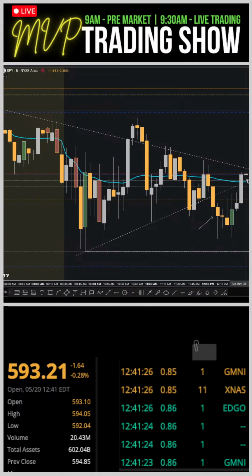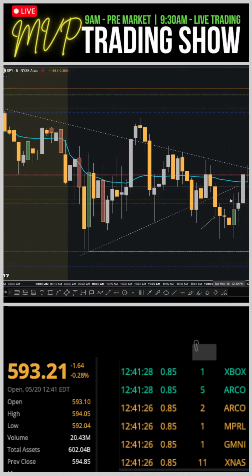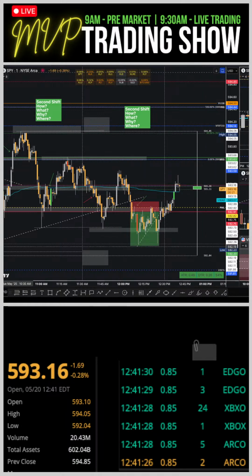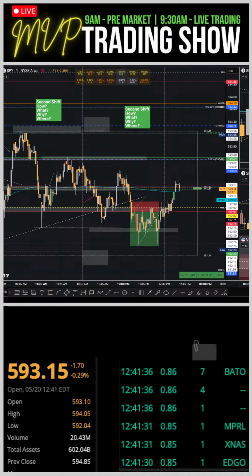If we can stay above that VWAP, get a nice strong candle above it, it will more than likely be a break. So let's see, moment of decision here. Let's see. We got a break, trap.